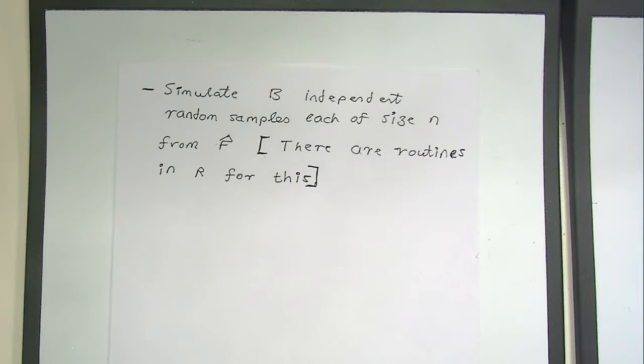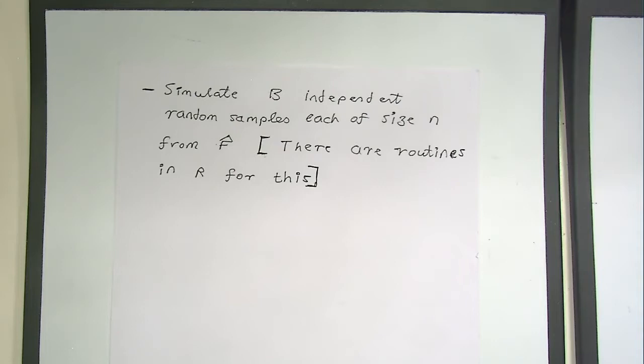So the method for computing the value at risk under the bootstrap method goes like this. That's the slide where I describe what f hat is. F hat is the empirical CDF, and there are routines in R, I'm sure you're familiar with R, for computing f hat.